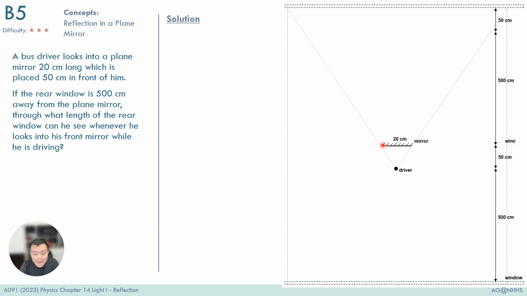Now, remember that a mirror allows reflection to happen. So if there is a mirror here, there can be a reflection, and that's how you can see the image. If there is no mirror, there wouldn't be any reflection, and therefore we can't see.